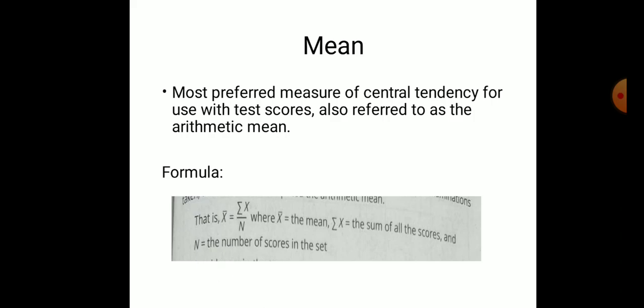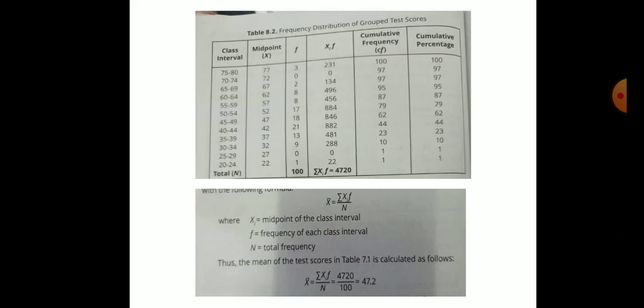In finding the mean, we have the formula to follow, where x-bar is the mean, the sum of x is the sum of all the scores, and n is the number of scores in the set.